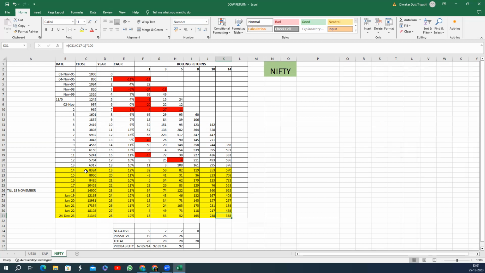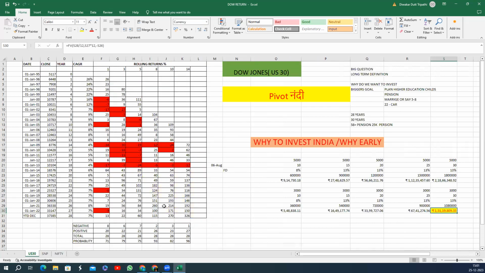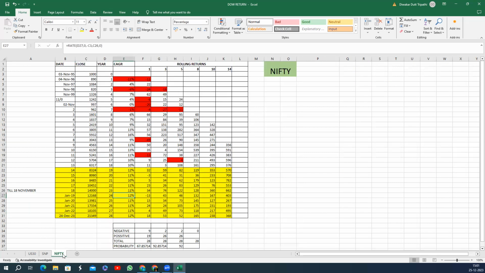Also, you can compare in this Excel sheet how these last 10 years have given good returns comparatively with the US economy. The US economy is represented by 150, 270, and 326 returns, whereas the Nifty has given higher returns in terms of 8, 10, and 14 year periods.